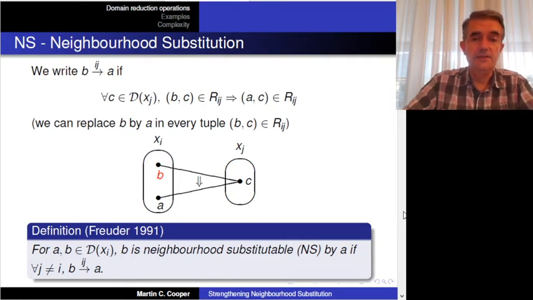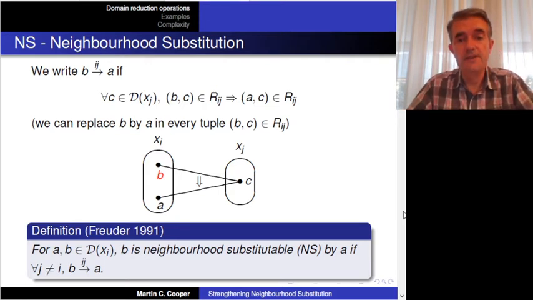Clearly, if we have b in a solution, we can replace it by a. And this is a classical operation which has been known for a long time and is known as neighbourhood substitution. So we're asking, can we do better for the same price?